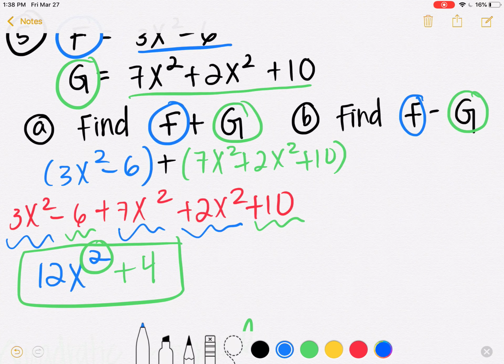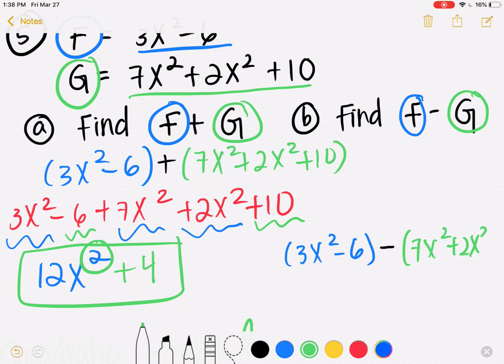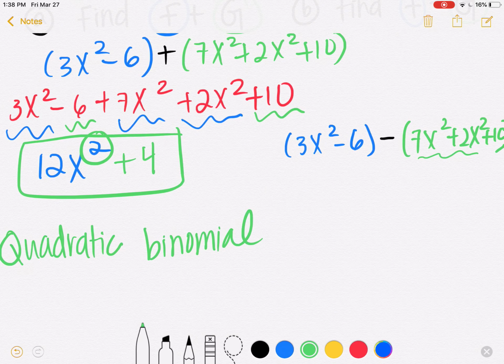So I'm going to do 3x squared minus 6 minus, and then g is 7x squared plus 2x squared plus 10.